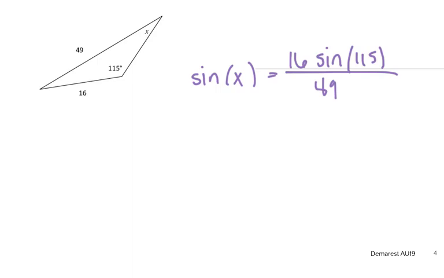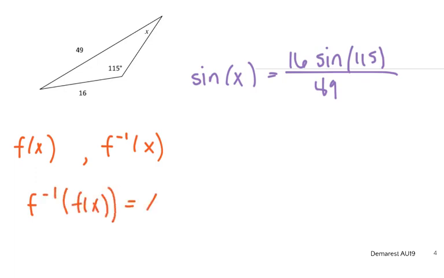What I mean by that is if we have f of x and f inverse of x, and these two functions are inverses of each other, f inverse of f of x equals x. So if you compose a function with its inverse, this is composition of functions, you're just left with the input variable, which in this case was x.